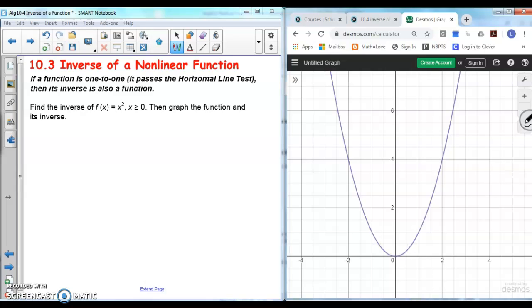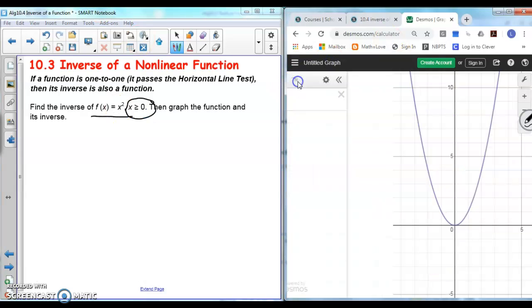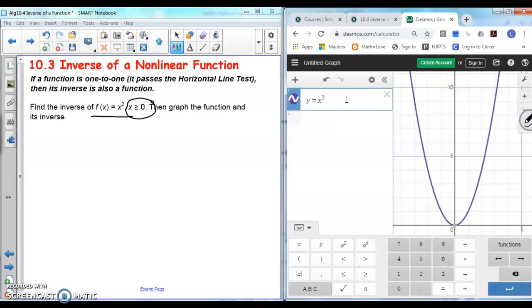Well, what can we do to make the inverse a function? Let's see. We have here f of x is equal to x squared, but now its domain is restricted. So let's incorporate that restriction in the domain. Let's go back here and let's say x is greater than or equal to 0 only.